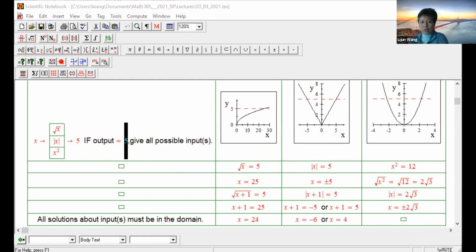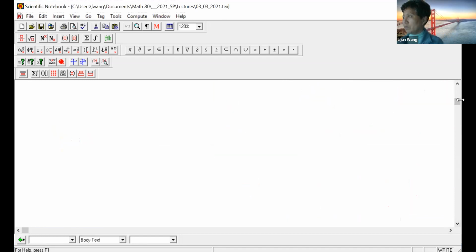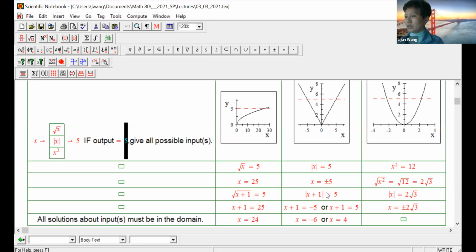So now I want you guys to try the third row. Get a piece of paper and pencil, and work on alpha 11A. I'm going to leave the answer right here so you can see.